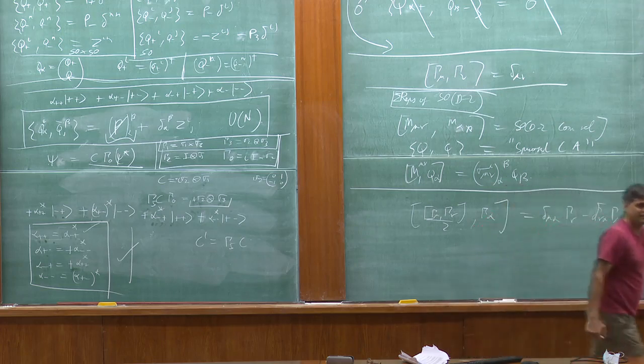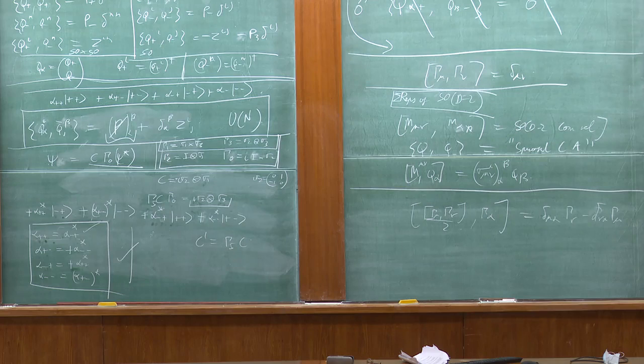And the gamma matrices transformed like a vector under the representations M mu nu built out of gammas. This you know.